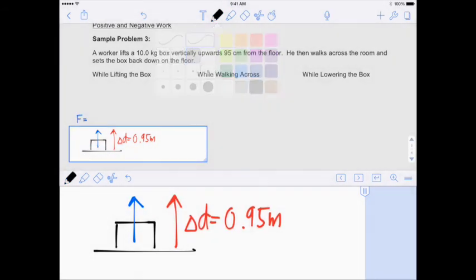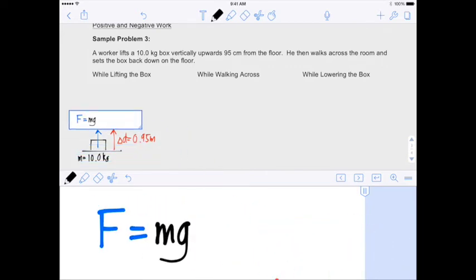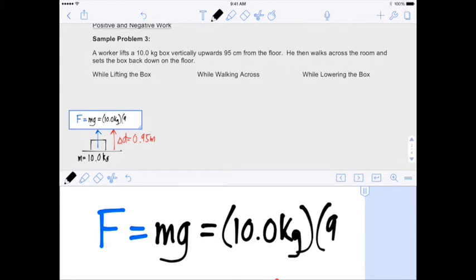They tell you the mass of the box is 10 kilograms, but they don't tell you the force required to lift this box. In order to lift a box with a mass of 10 kilograms, you'll need to overcome gravity. So the force of gravity acting on this box can be determined. 10 kilograms times 9.8 newtons per kilogram.